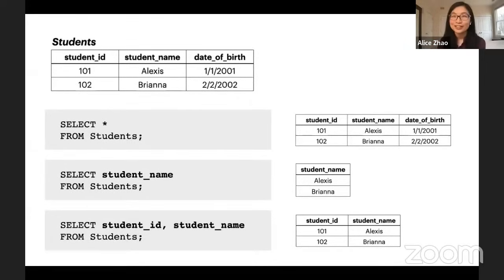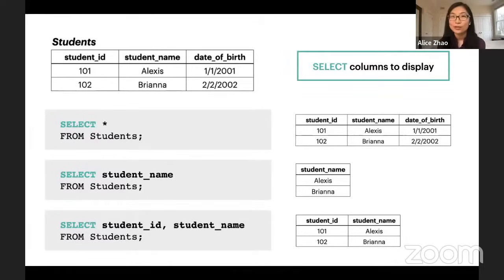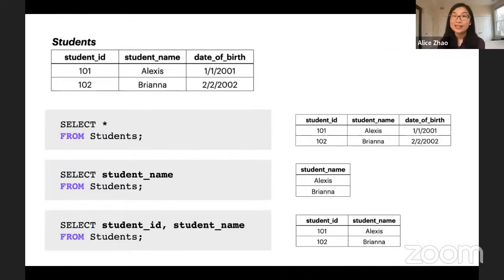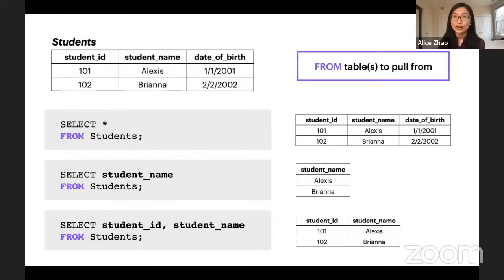So at this point, you probably sense this pattern going on. This first keyword here, select, whatever you write after it, those are the columns that are going to be returned. And then this keyword from, whatever you write after it, that's the table that it's going to query from. And in this case, we have one table, but you can also query from multiple tables.